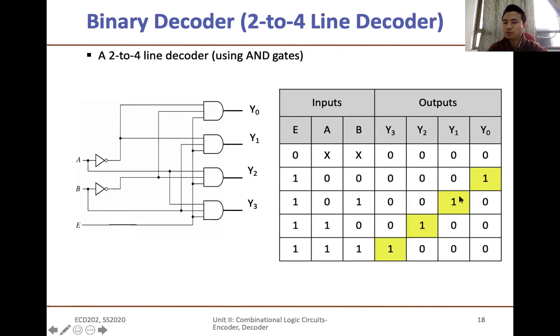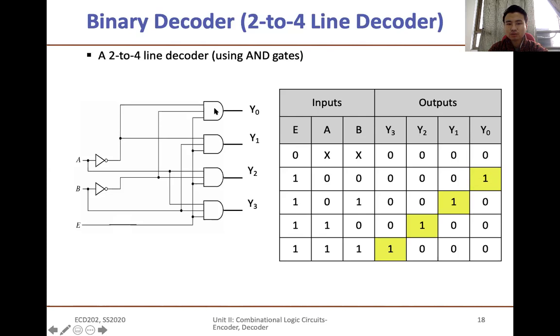Similarly for Y1, you will have A bar B, and for Y0 you will have A bar B bar. Now let's focus on Y0. We say the Boolean expression will be A bar B bar.